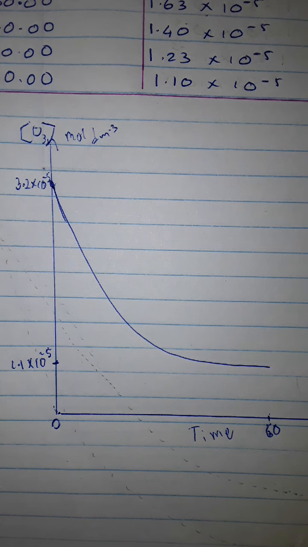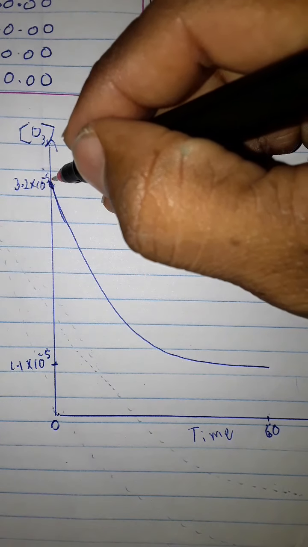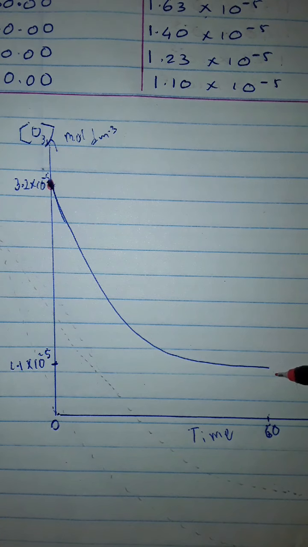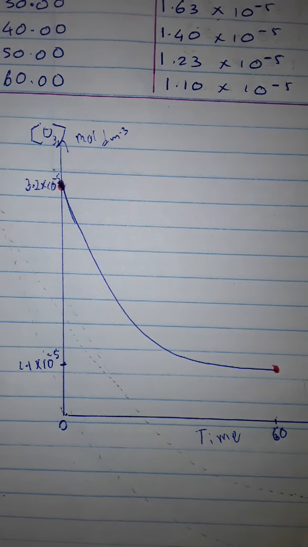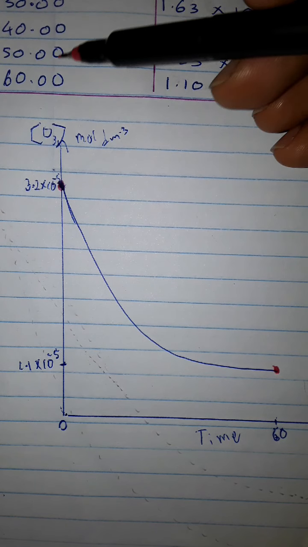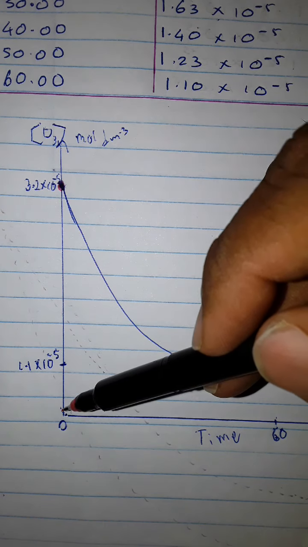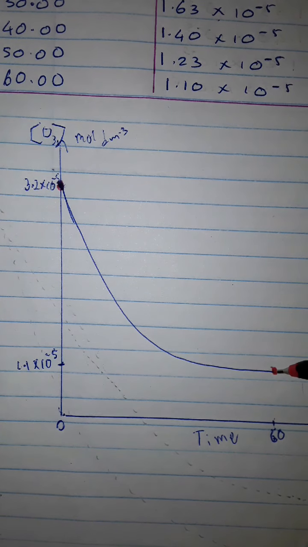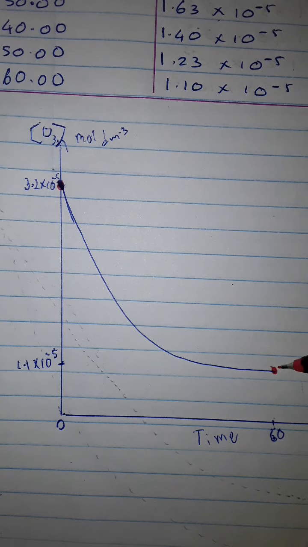If I concern the average reaction rate, I will take this as the initial concentration and this as the final concentration. The initial concentration is this one, because that is the concentration when the time is 0. The final concentration is this one, because that is the concentration when the reaction is finished.